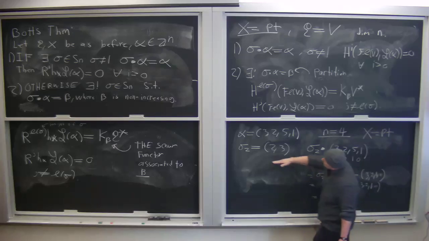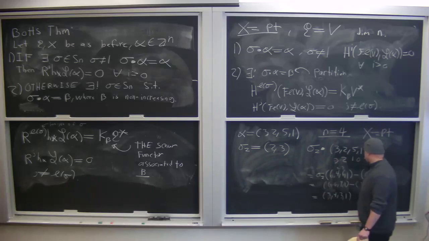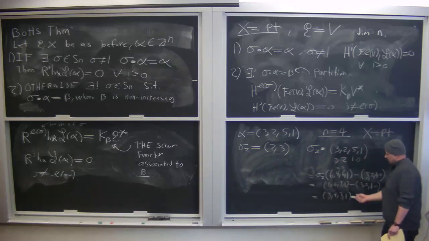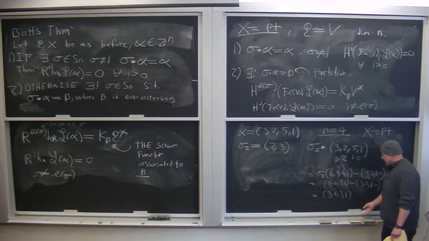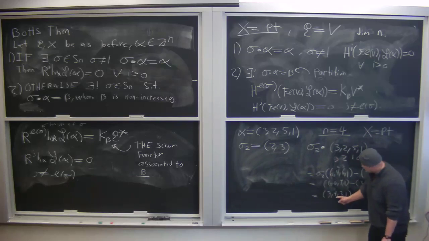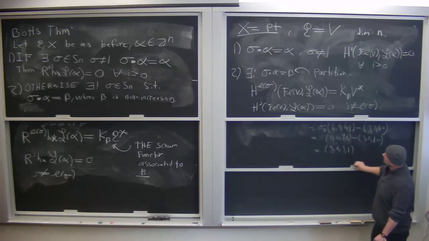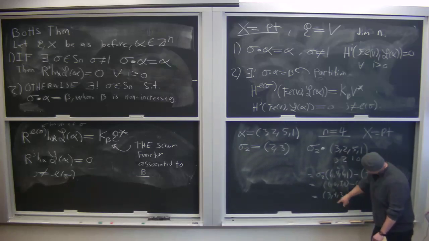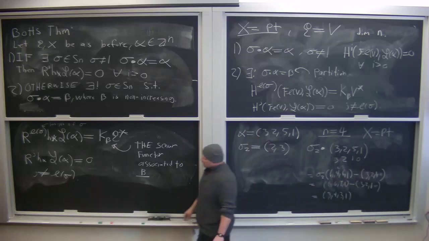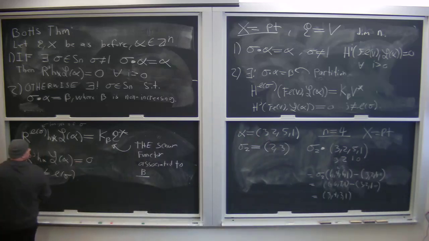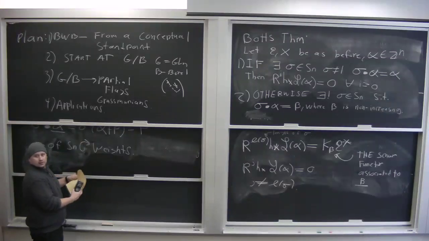And you can try to do this with transpositions. So I got here, and now I should maybe try to move this one over. Let me just leave this here. If I'm going to move this one over, maybe I should apply sigma 1.